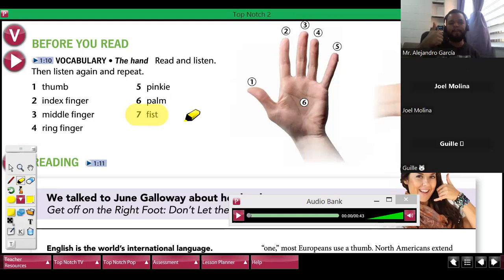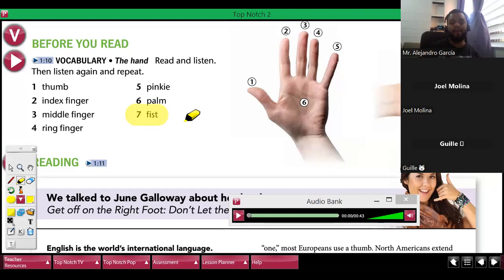Okay, this is thumb. What is number 2? Index finger. Yeah, so this is the index finger. You use it to make gestures, right? For example, what is that?